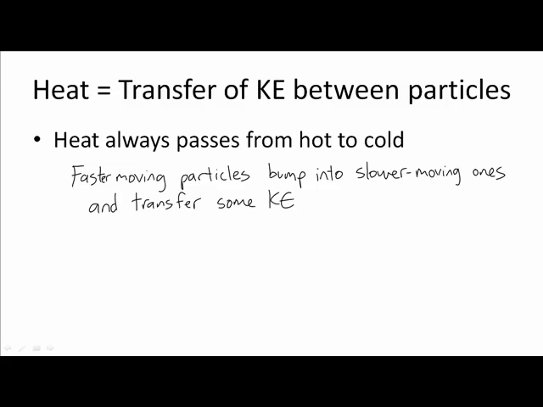And if that happens millions and millions of times, eventually it's going to lead to one set of particles getting cooler, one set of particles getting warmer. The main form of energy transfer that we're going to see in this class is through heat, through faster moving things bumping into slower moving things, and giving them some kinetic energy.